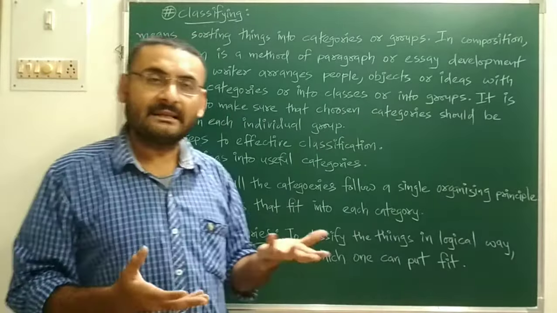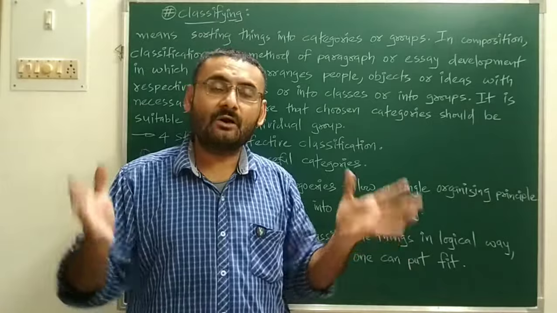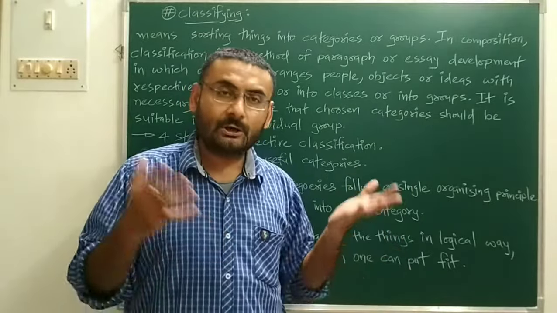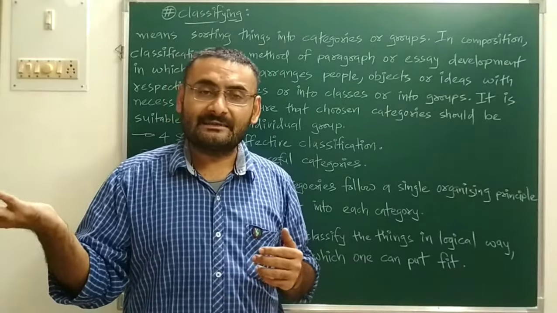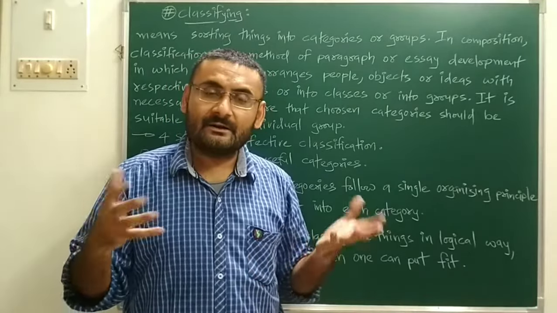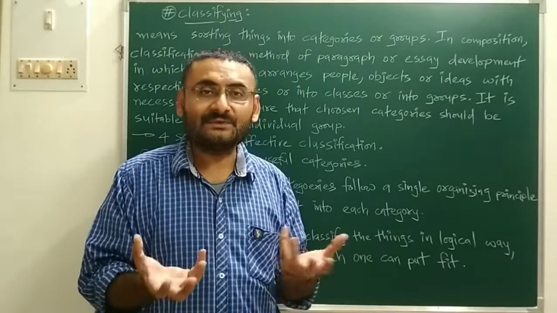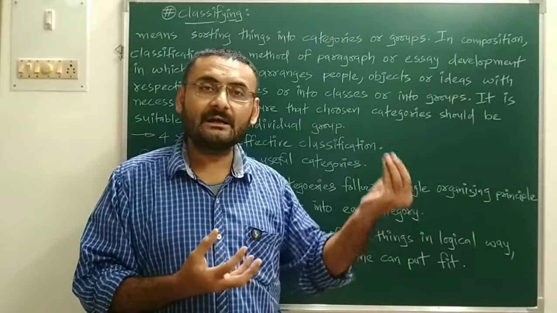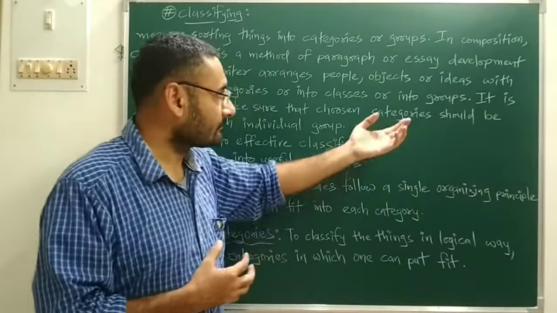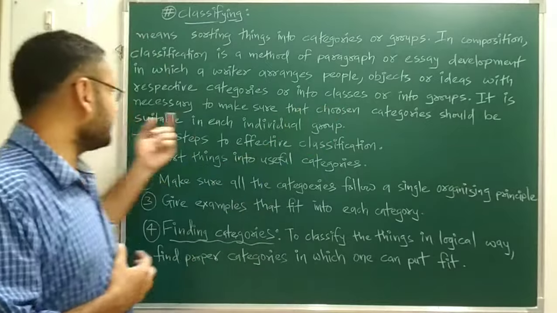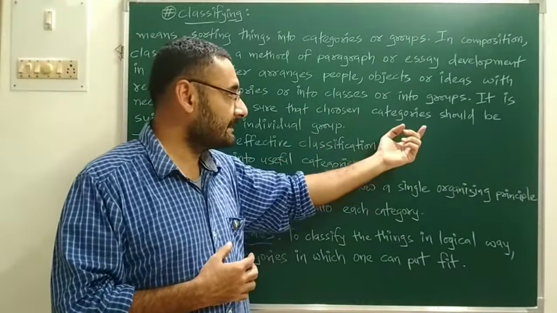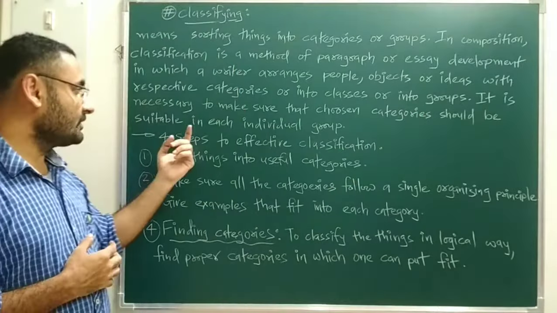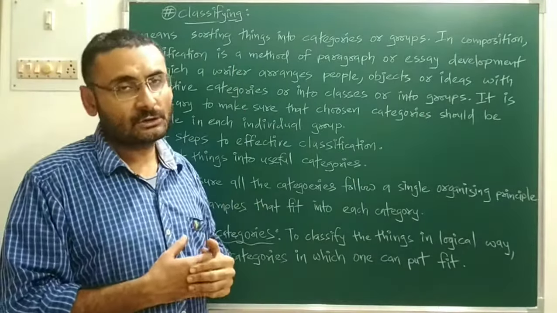So in your document, supposing it is based on an essay or a paragraph, the important thing is classifying the things and putting them in proper groups. It is necessary to make sure that the chosen category is suitable for each individual group.